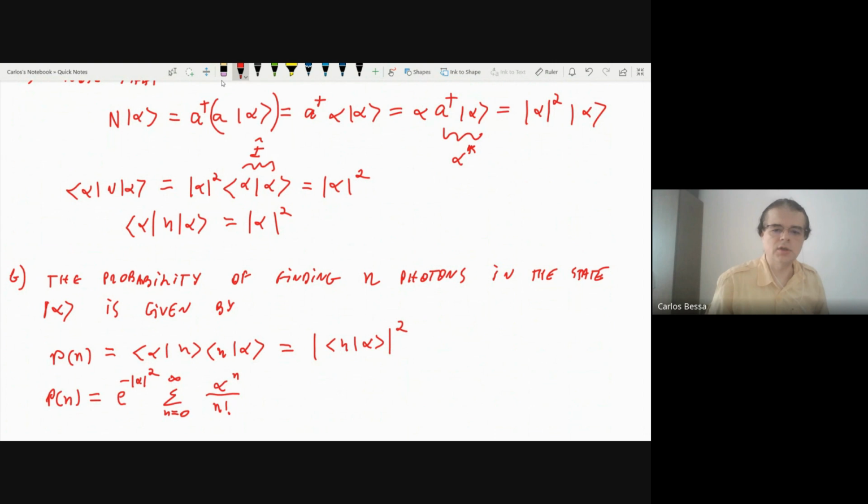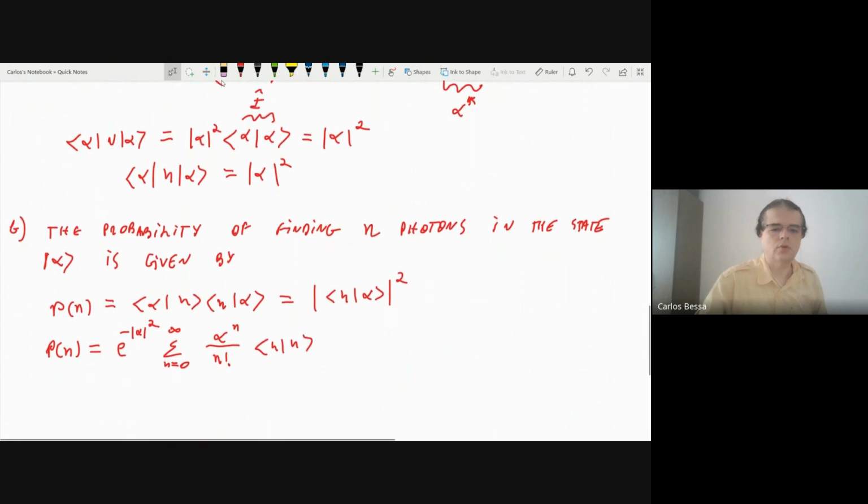Okay, in this here it will be n, which is a delta n, and this will give exponential minus alpha squared, alpha to the n over n.